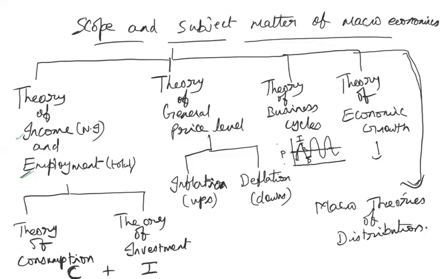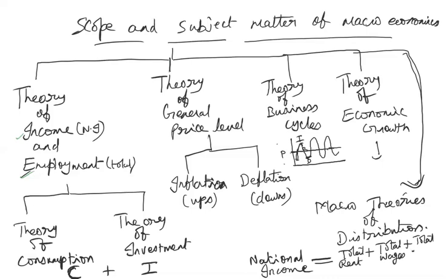Now, when you are talking about the macro theories of distribution, here the revenue is the total national income. So the total national income earned in any particular country in a year must be distributed in the form of the total rent. All the landlords receive rent. All the laborers receive wages. That is the total wages. All the capitalists of the country receive the total interest.